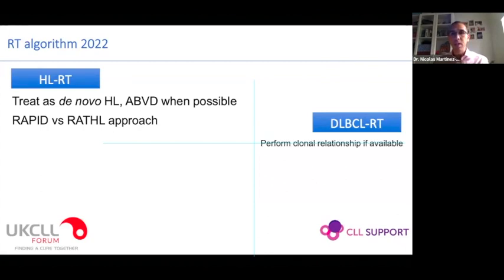And for DLBCL, clonal relationship is a good informative result, but it is not readily available, I understand that. So again, consider clinical trials. Otherwise, chemotherapy would be R-CHOP or Pola-R-CHOP, and I'd consider consultation with transplant if the patient is fit and the response is good.